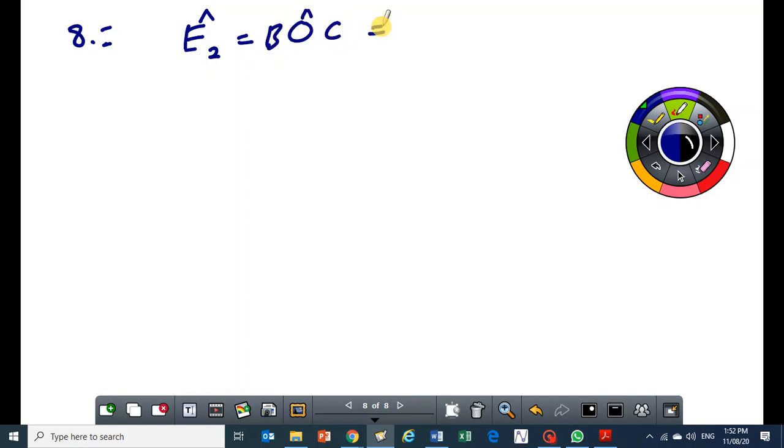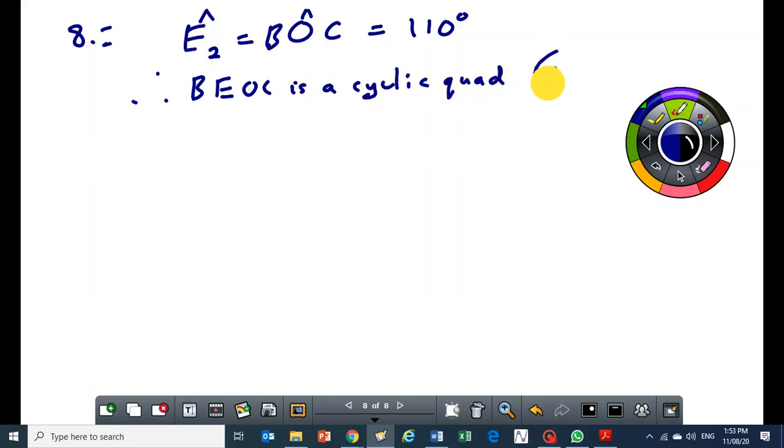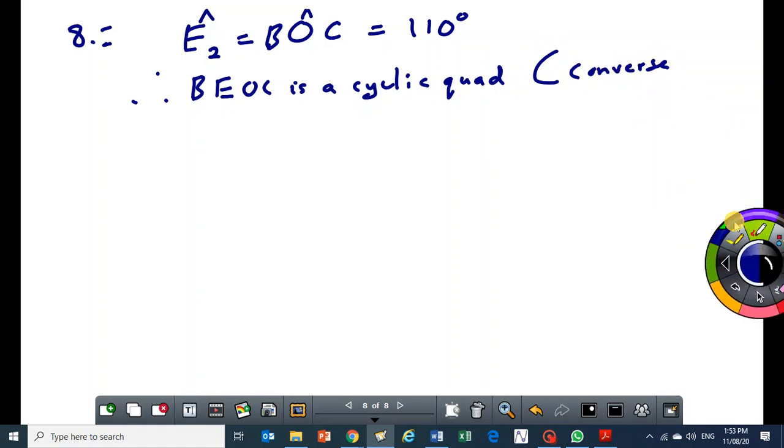And both are equal to what? 110 degrees. Since those two are equal, then you say, therefore, BEOC is a cyclic quad. Why? We can say converse angles in the same segment.